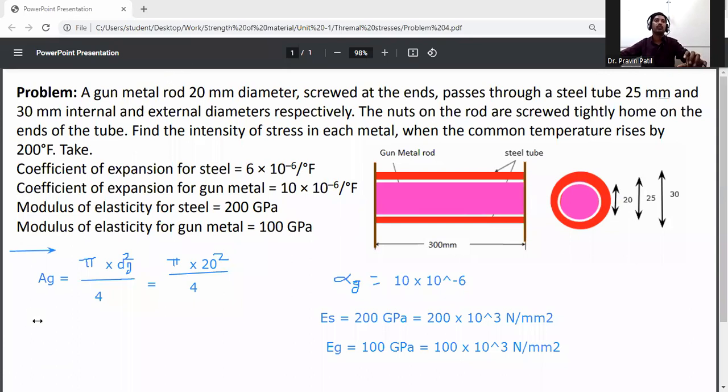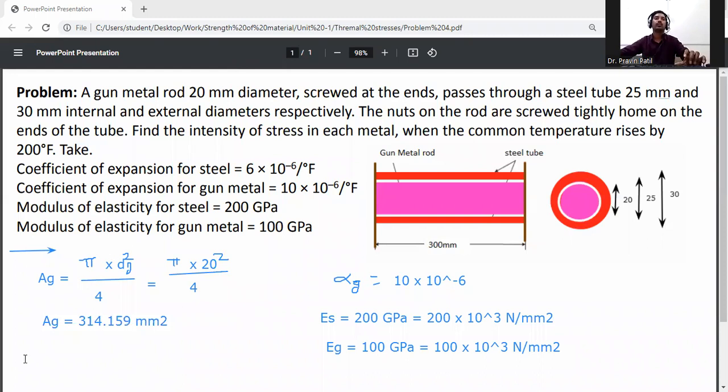So Ag is equal to pi into 20 square divided by 4, which is 314.159 mm square. Okay.